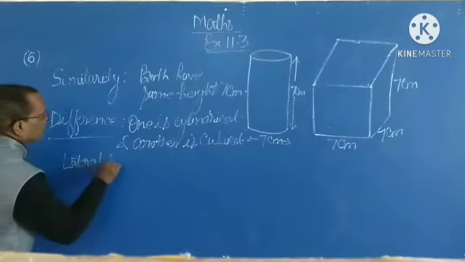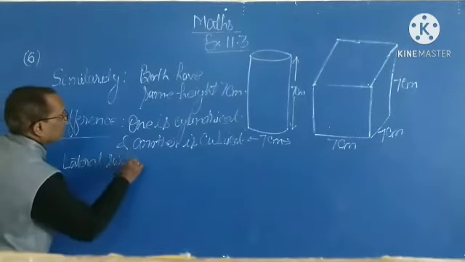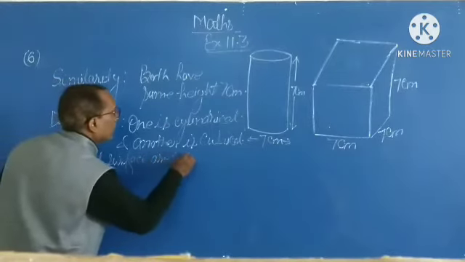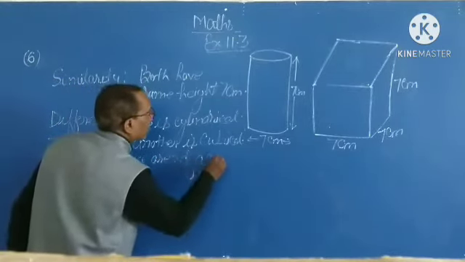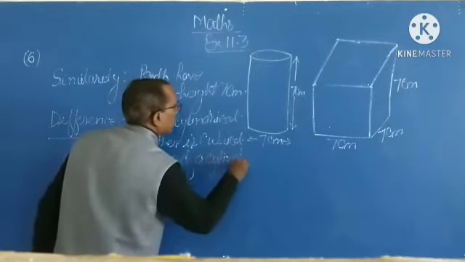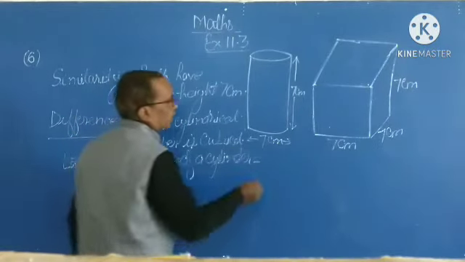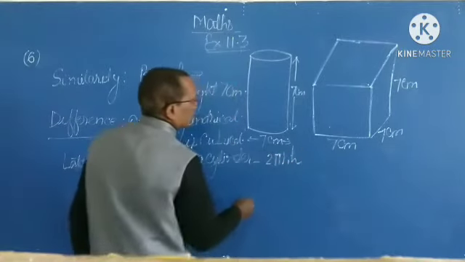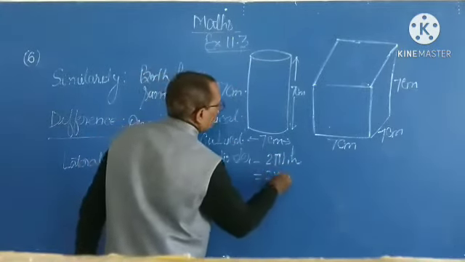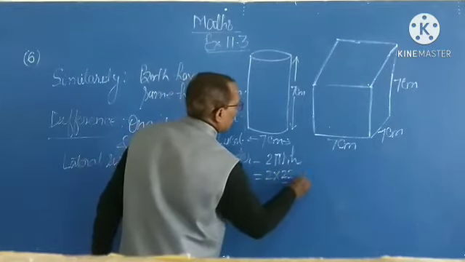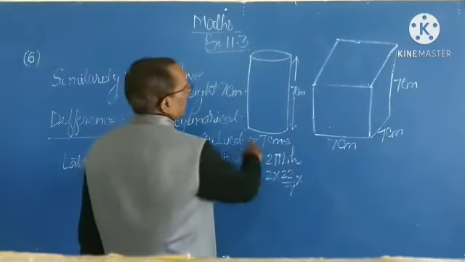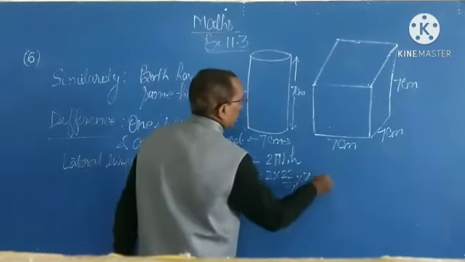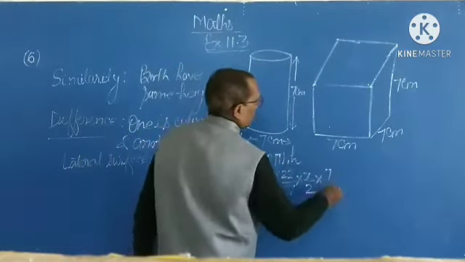Lateral surface area of cylinder is equal to 2 pi r h, where 2 into 22 by 7 into radius, diameter is 7, then radius is equal to 7 upon 2, into height is 7.